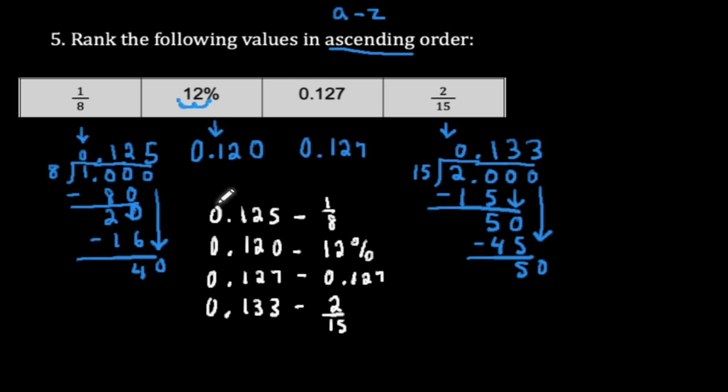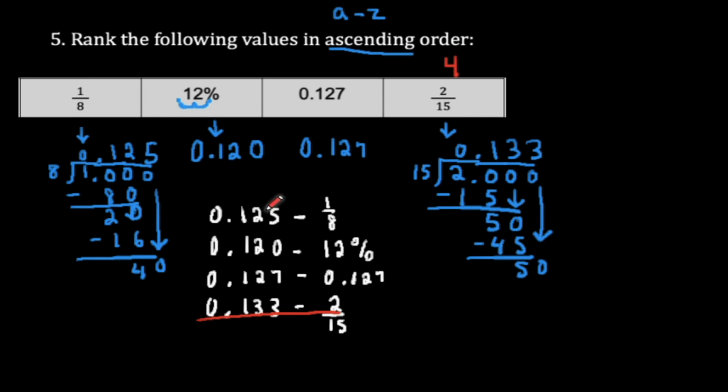All right, so let's rank these. So we have zeros. These are all in the whole numbers position. So the same thing there. Tenths place are the same, and then we have 2, 2, 2, and then 3. So we know already that this is the larger value, right? So we'll place 4. So we'll just rank them using the numbers 1 through 4. Let's go ahead and cross this out.